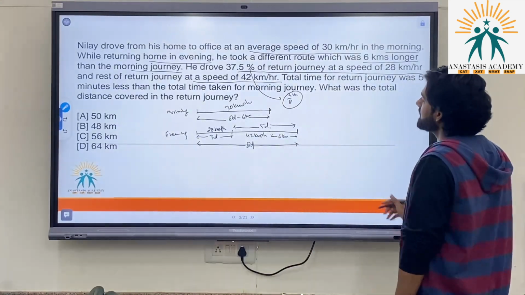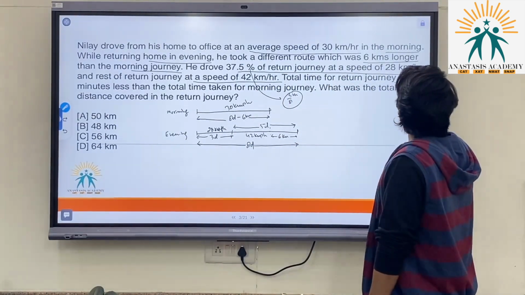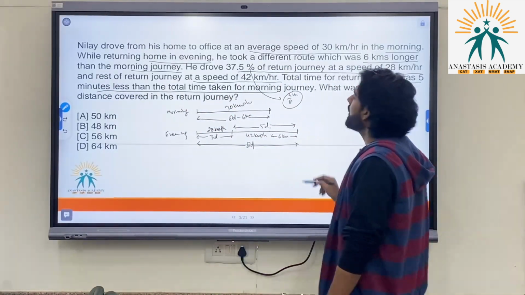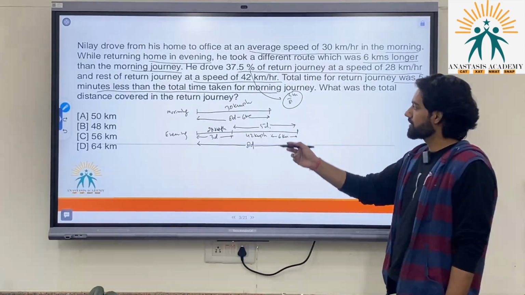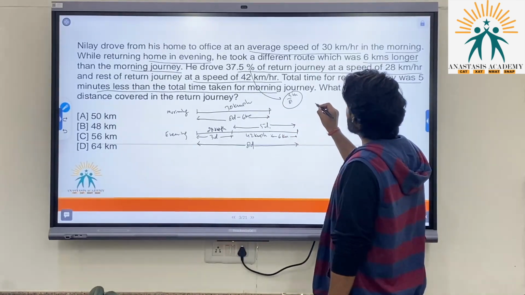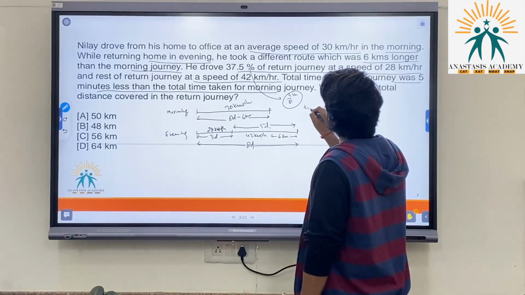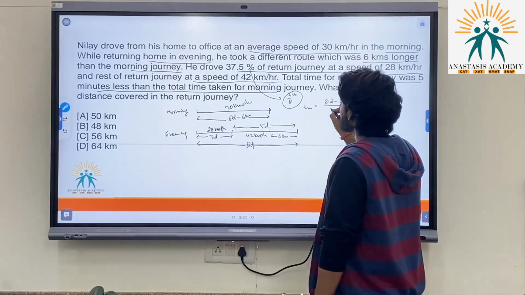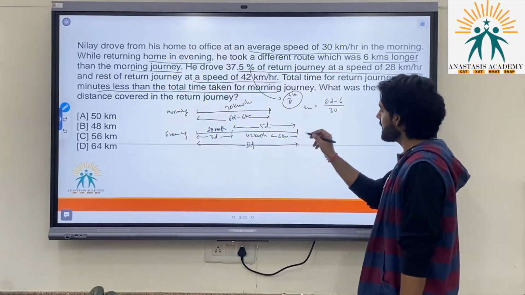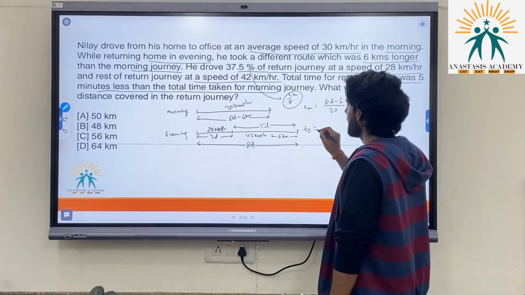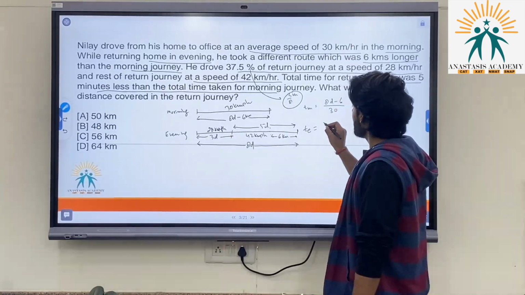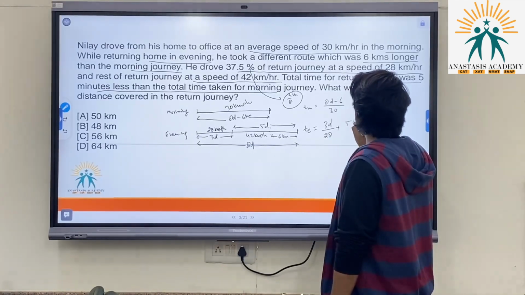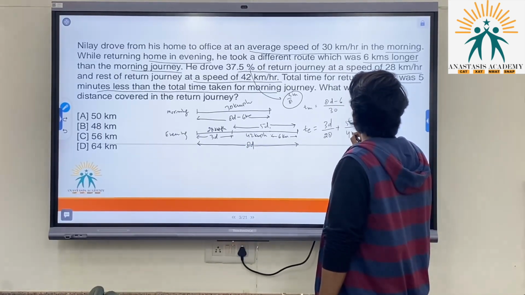Now, what is given is that the total time for the return journey was 5 minutes less than the total time taken for the morning journey. So the total time in the morning is (8D minus 6) upon 30, and the total time in the evening is 3D upon 28 plus 5D upon 42.